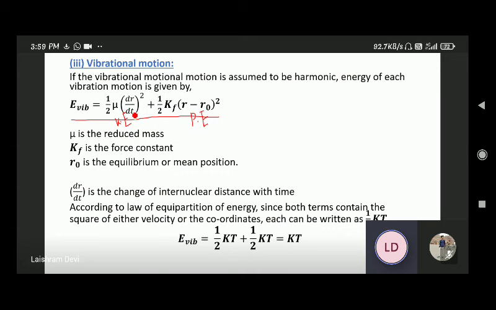V के जगह यहाँ पे dr by dt लिखा है, because यहाँ पे we are assuming the molecule to be undergoing harmonic oscillation. ठीक है, so dr by dt is the rate of change of internuclear distance.